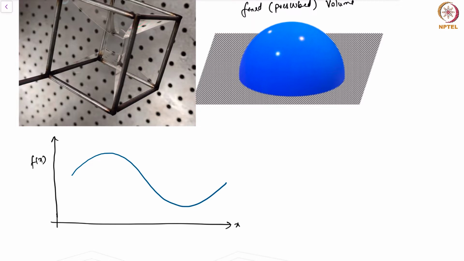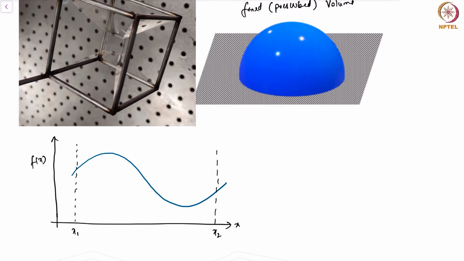Now I could ask, what is the maxima and the minima of this f of x between two points x1 and x2? This is a well-posed problem.